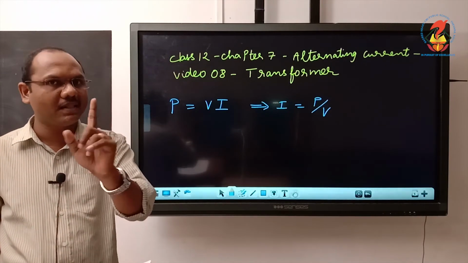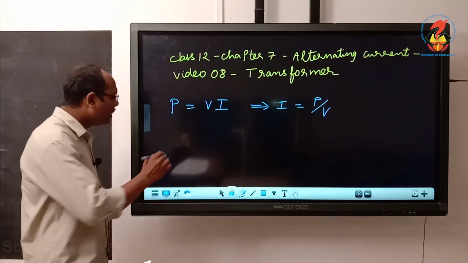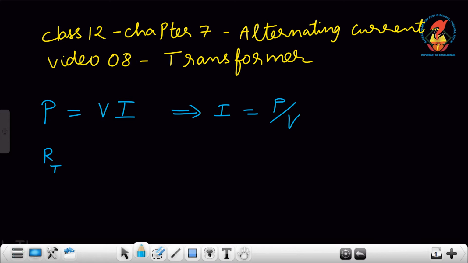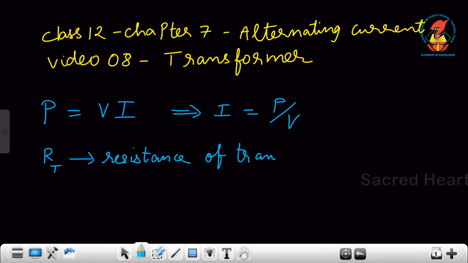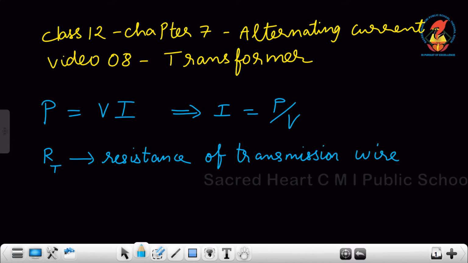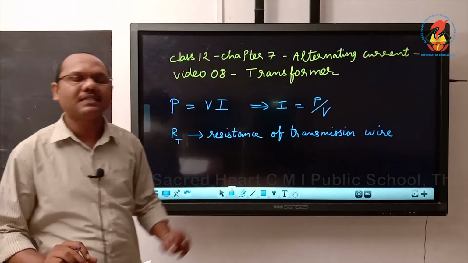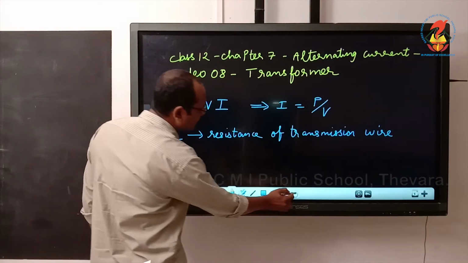Aluminum cable has resistance, so let RT be the resistance of the transmission cable. Due to this resistance, power will be wasted as heat.